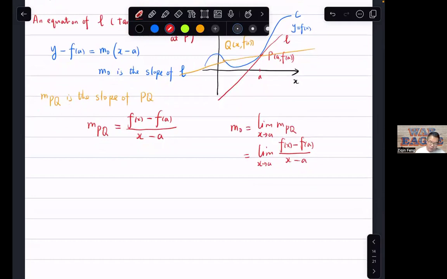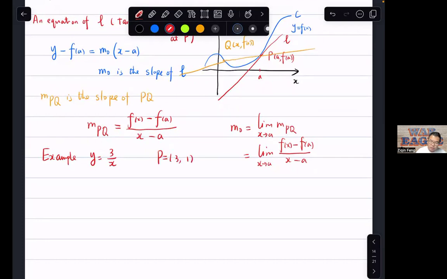Let's see a very quick example here. In this example, our function is given by y equal to 3 over x. So that's our curve or function. We give a point P to be (3, 1).